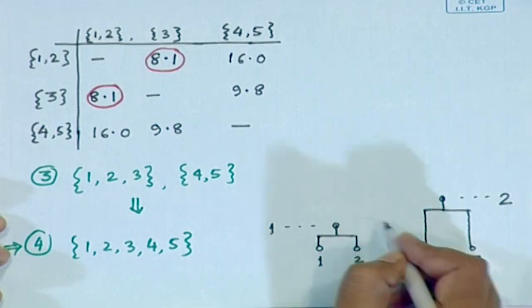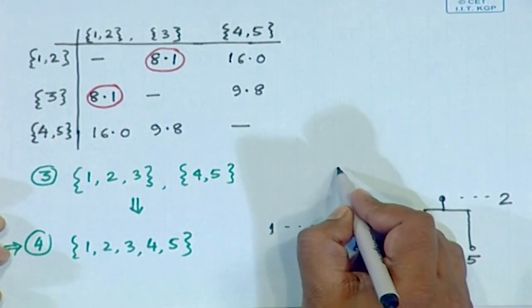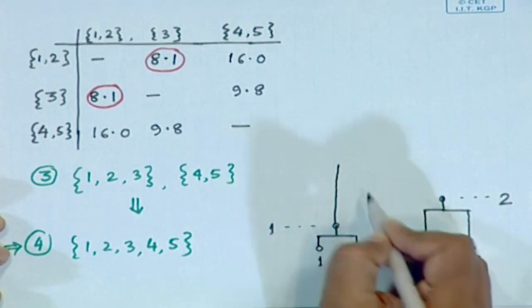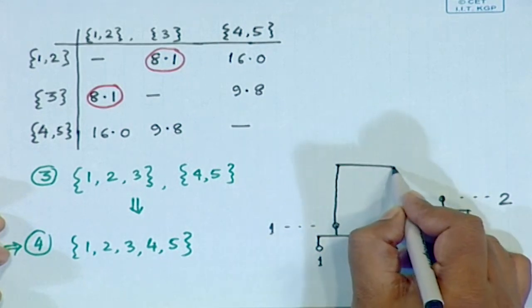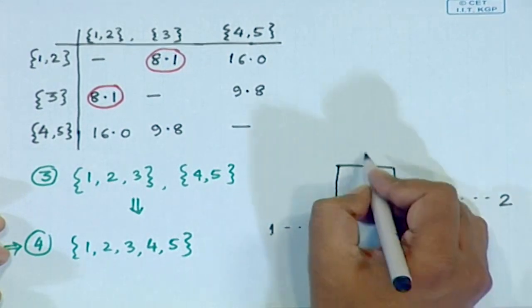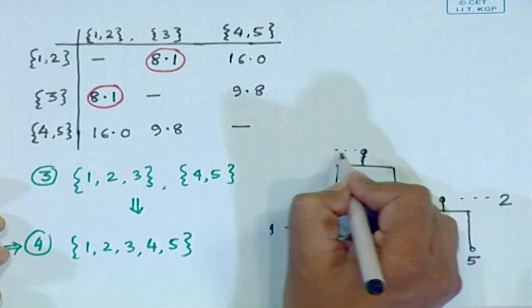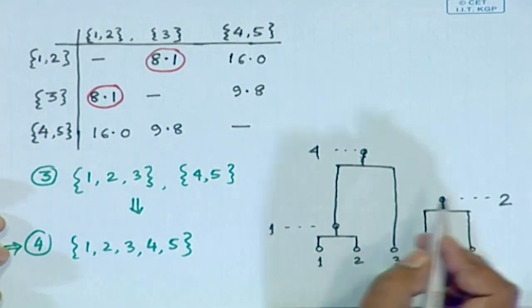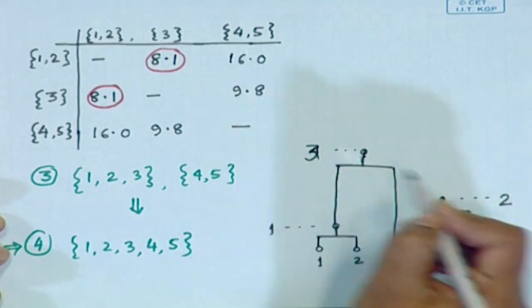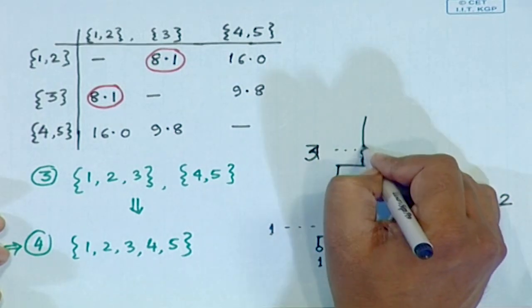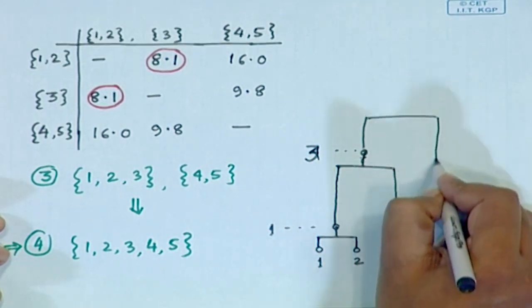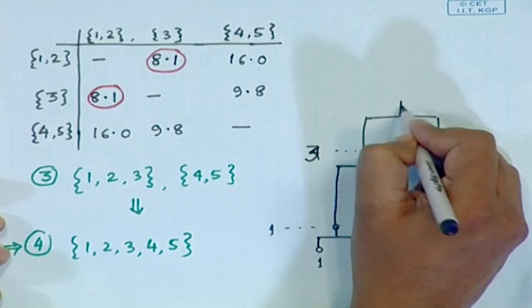In step 3, we have combined 1, 2 with 3. So, this is what we have done in step number 3, and in step 4, this and this will be combined together to give you a single cluster.